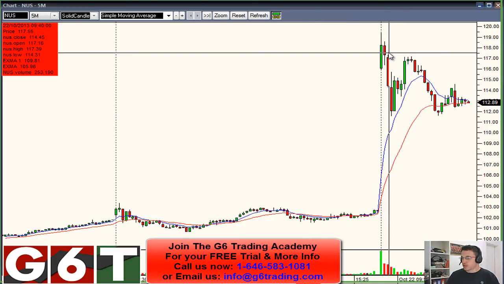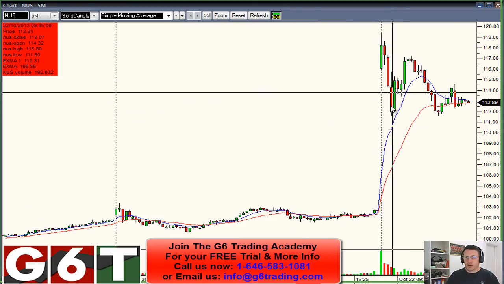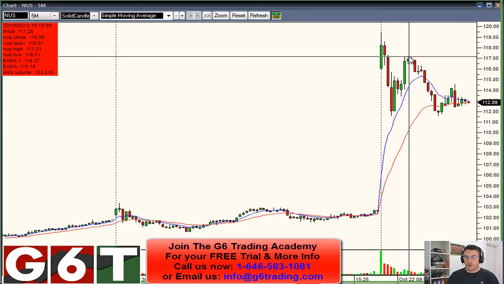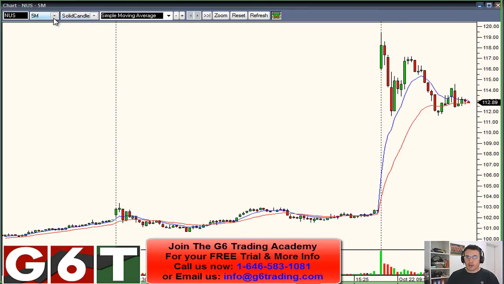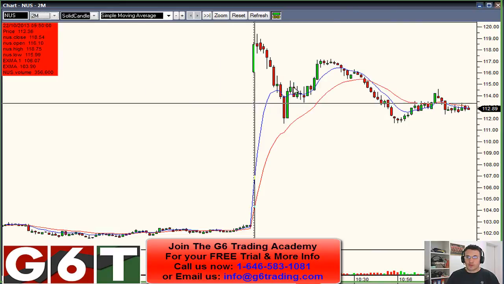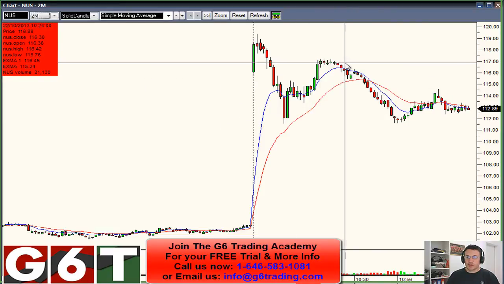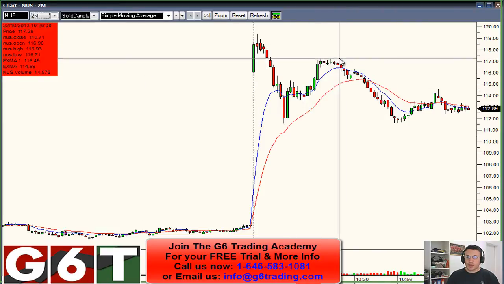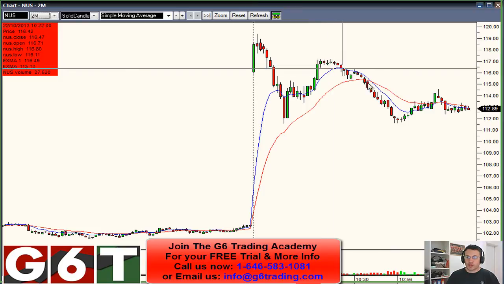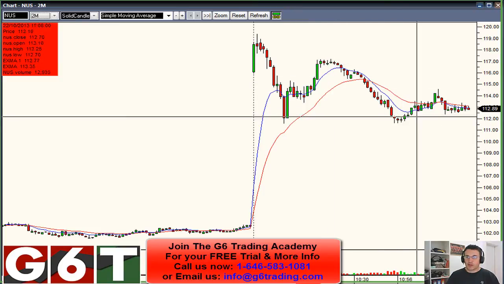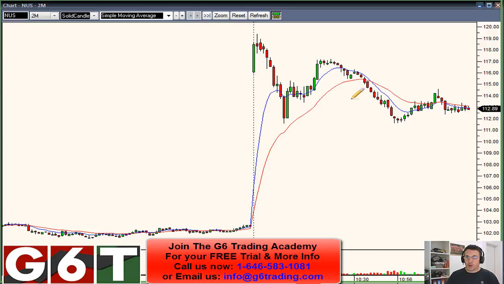And look what this one did. It just went lower to this area and came back where to this pivot point. In the 2 minutes it might be clear. This area of the 117 became some kind of an area to watch, and then it went down to that 112.